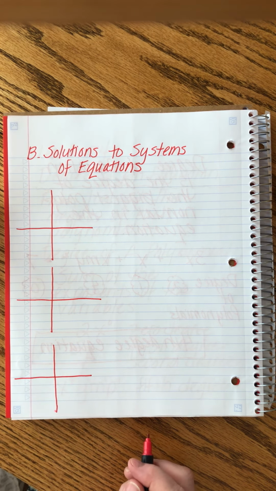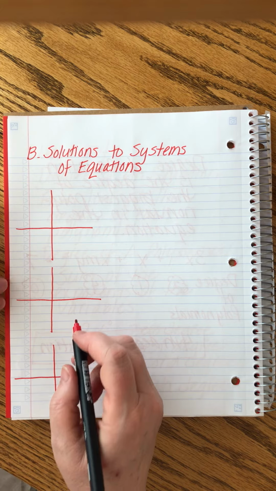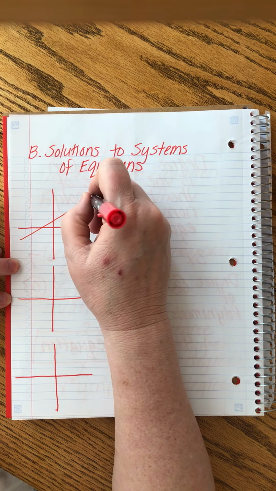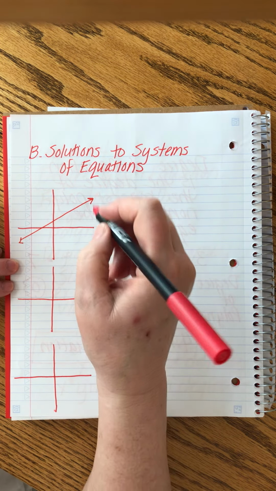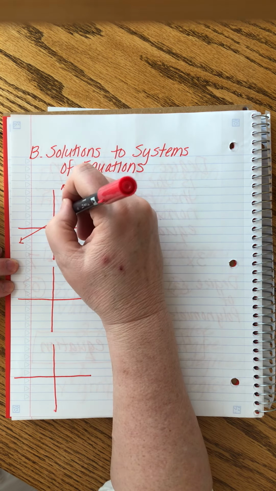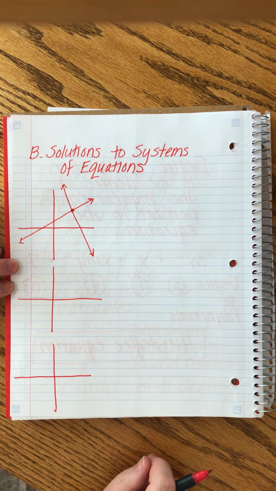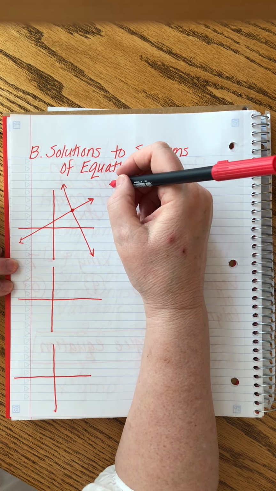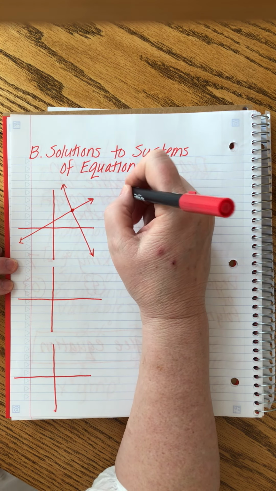Okay, the most typical kind of system of equations that we deal with is one where we have 2 lines and they intersect at one nice point. The key feature of this is that there's one solution.